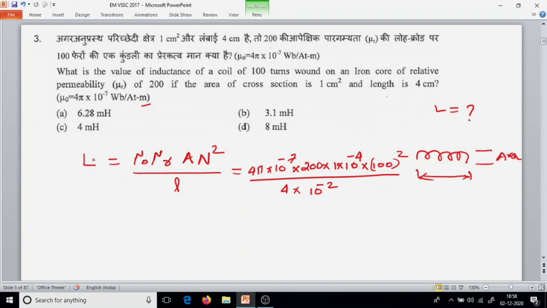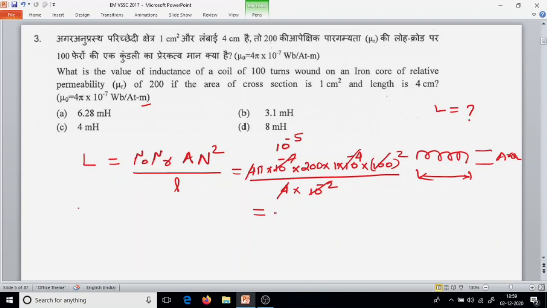Now we will solve it. This can be written as 10 to the power 4. This and this cancel, and this also we can cancel and write it as 10 to the power minus 5. 4 and 4 cancel.